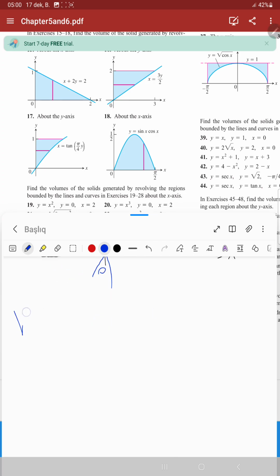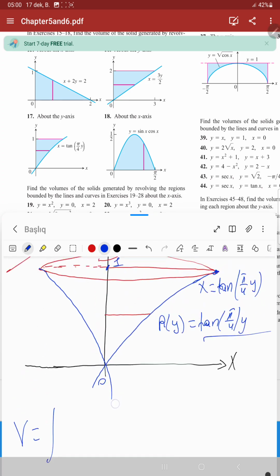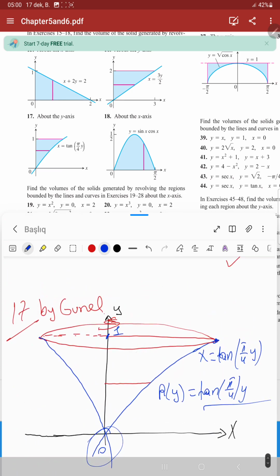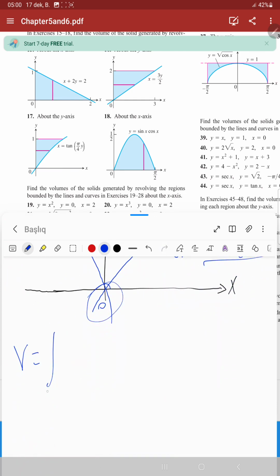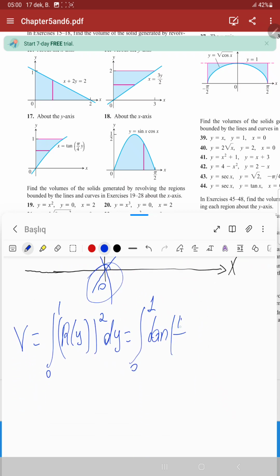Volume is equal to the integral from 0 to 1 of r(y) squared dy, tangent pi over 4 y dy.